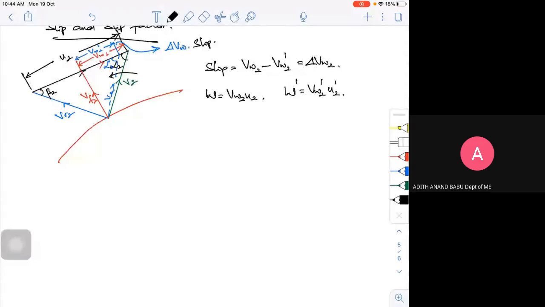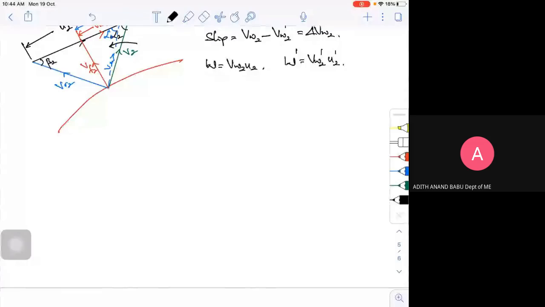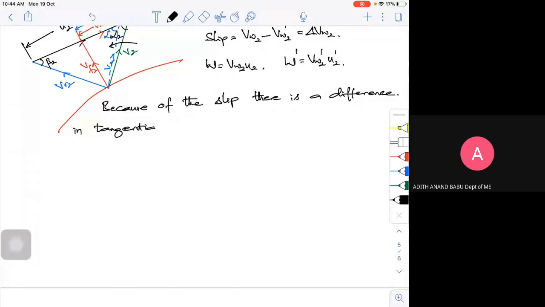So let me write that. Because of the slip factor or the slip, there is a difference in tangential velocities of the ideal and actual at the exit.